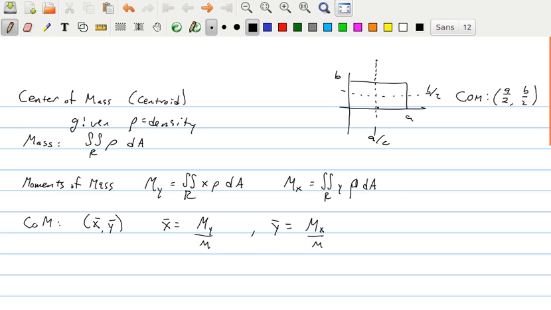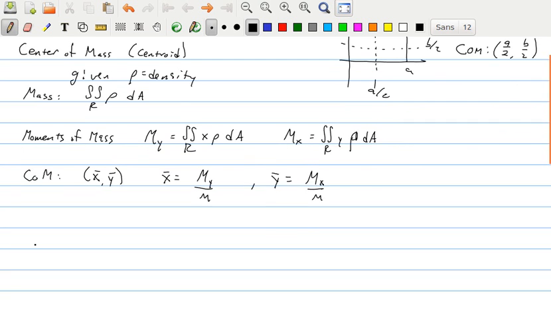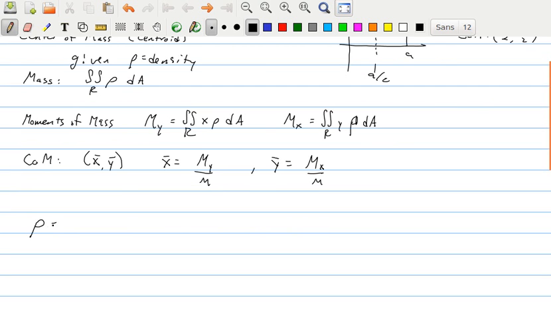Let's actually do that on this picture right here. So just for simplicity, let's assume that our density here is constant. It's 1. Let's go through and set this integral up. So the first thing we want to get is the mass, and this would be the double integral over that region of the density dA.